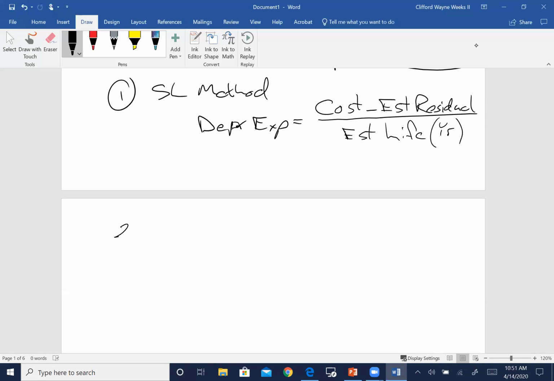The second method is this thing called the units of production. Very few people use this because there's 2 steps involved. I guess the textbook refers to this as units of activity. With this, there's 2 steps. And so A is you first of all have to calculate the depreciation per unit.